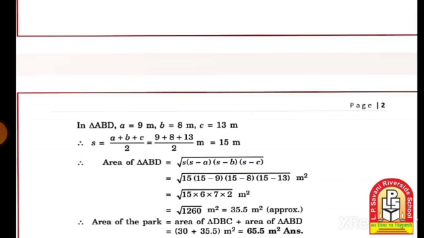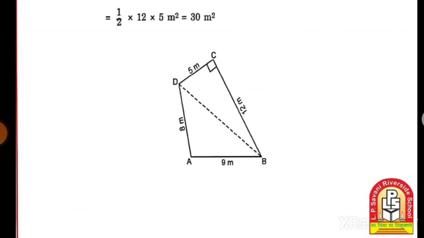So in this way you can find that it is under root 1260 meter square, that is approximately 35.5 meter square. So this is the approximate area of the triangle ABD from the question. Okay, so we found the area of two triangles, DBC and triangle ABD.